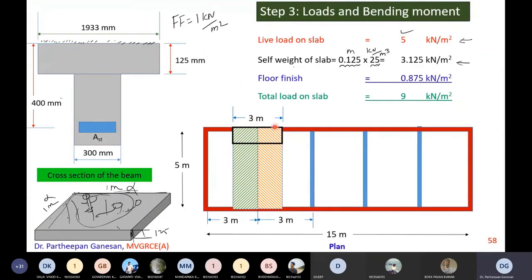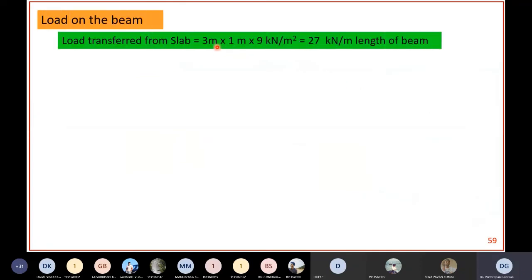This is 3 meter, this is 1 meter. So 3 meter into 1 meter is the total area in this portion, and all this load will act on the 1 meter length of the beam. So 3 meter into 1 meter multiplied by 9 kilonewton per meter square. That's what I have written here.